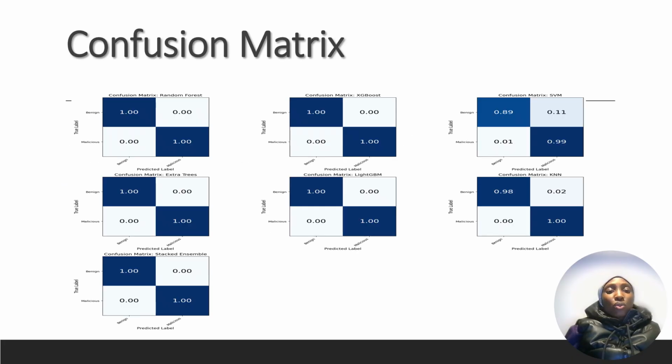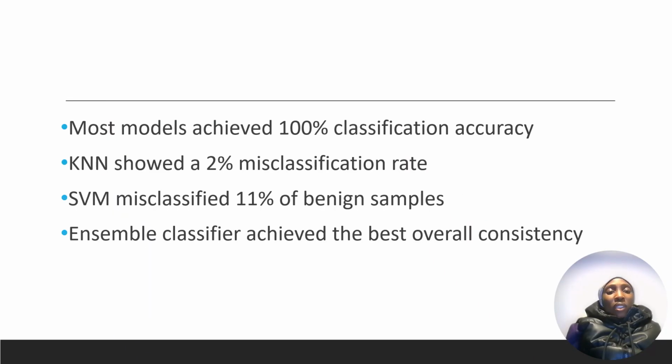We were able to plot our confusion matrix. As you can see, the confusion matrix shows that our proposed ensemble model, which is the stacked ensemble model, performed well along with some other individual models as well. Most models achieved 100% classification accuracy.